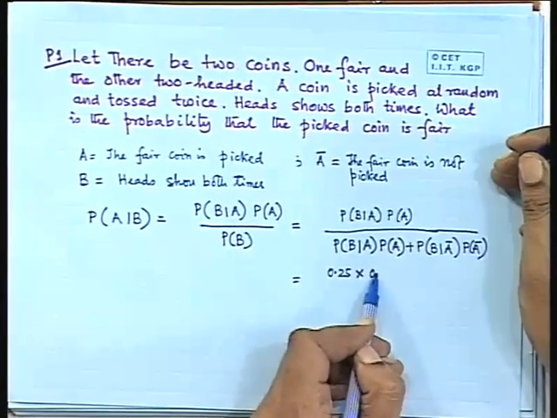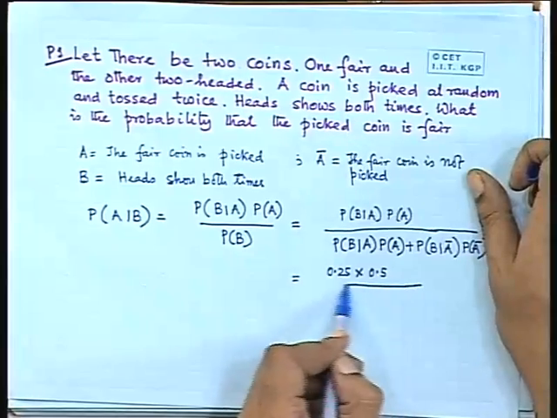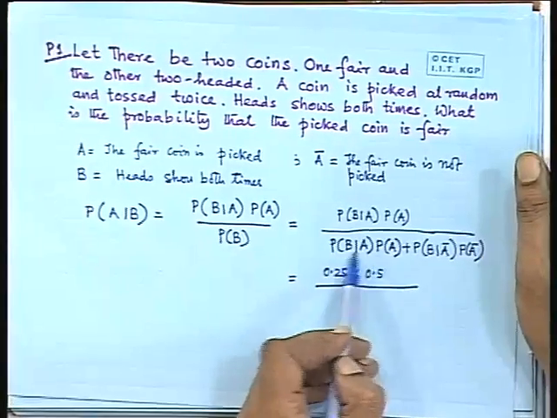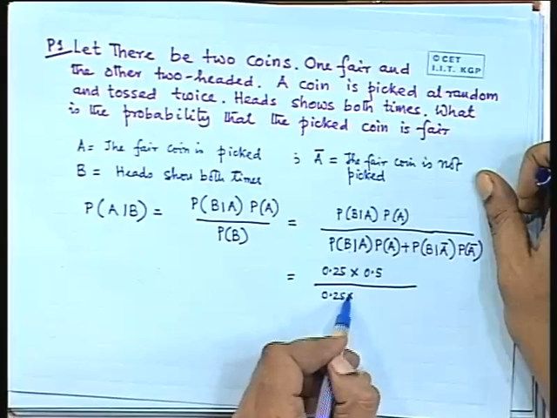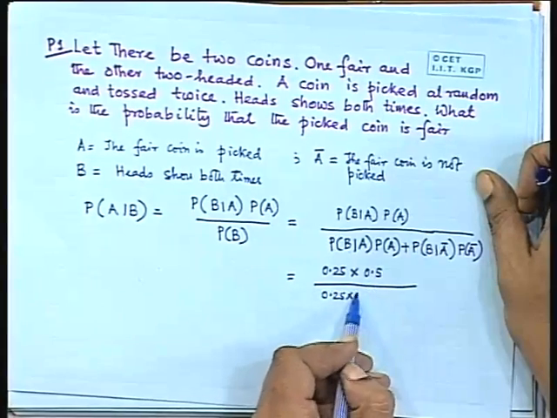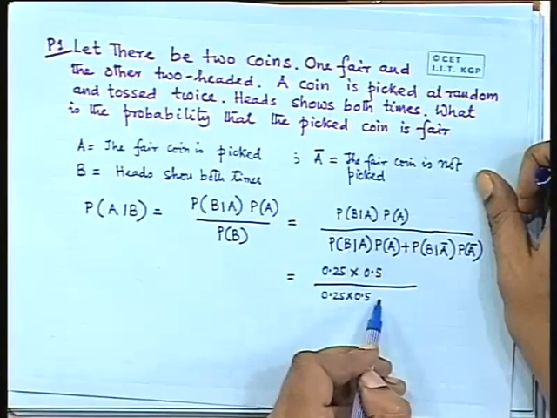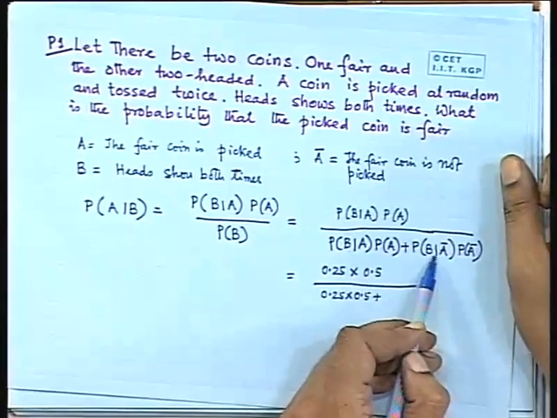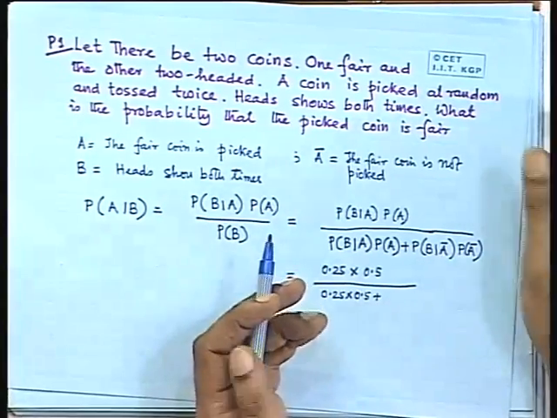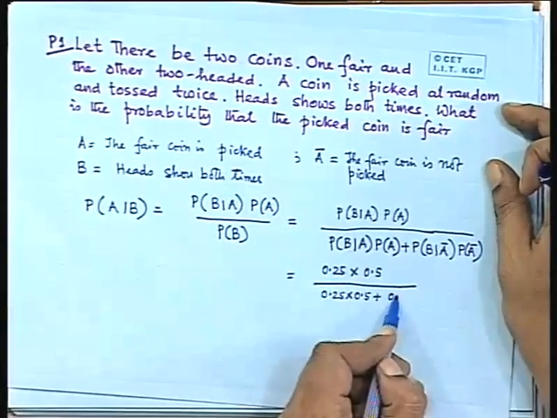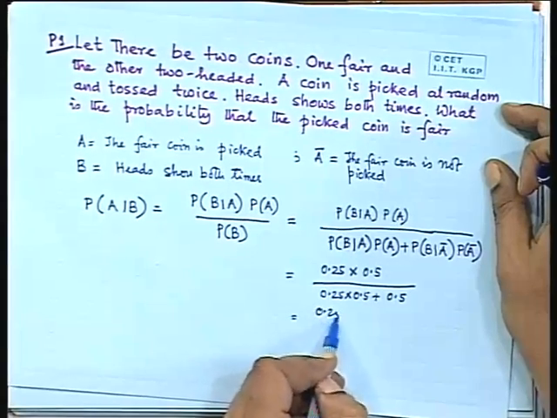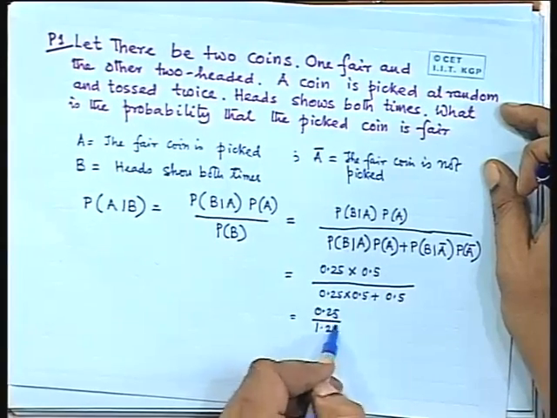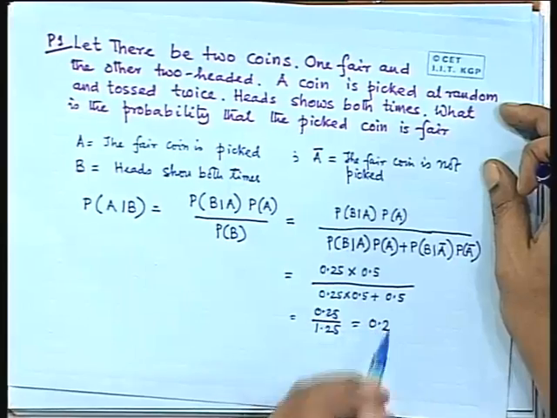Half, divided by this is the same, so it is 0.25 into 0.5 plus what is probability of B given A bar? It is 1. So it is just 0.5. So it is 0.25 by 1.25 is equal to 0.2.